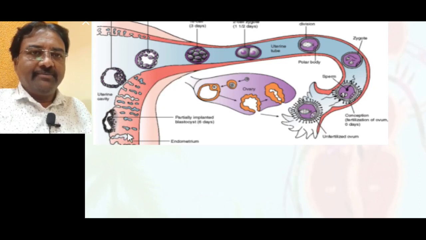So this is the endometrium layer of the uterus, and this blastocyst is attached or embedded into the endometrium of the uterus. So this process is called implantation.